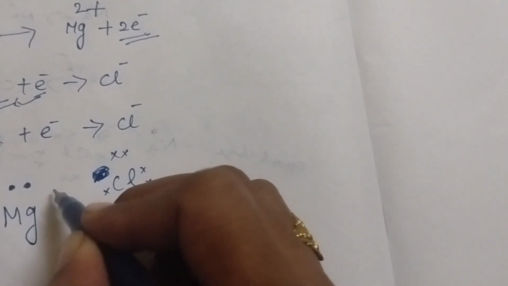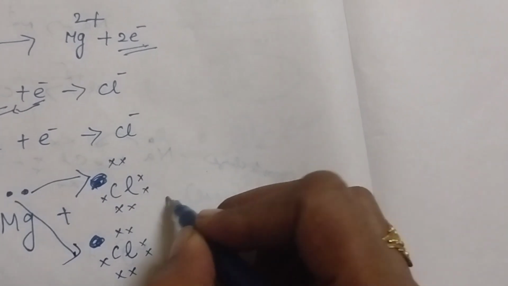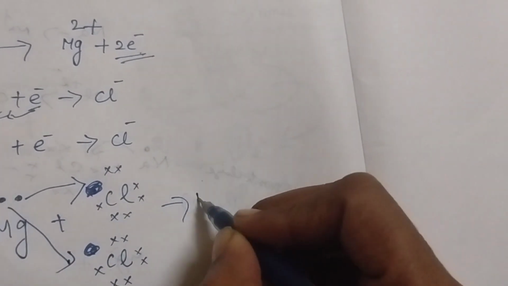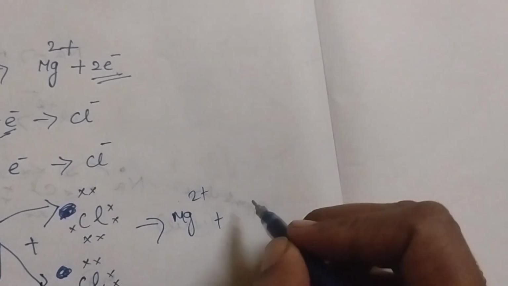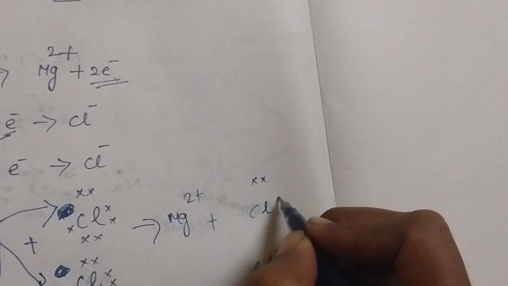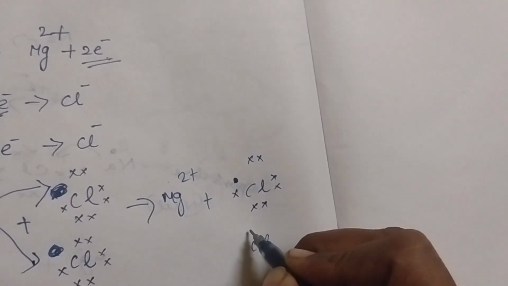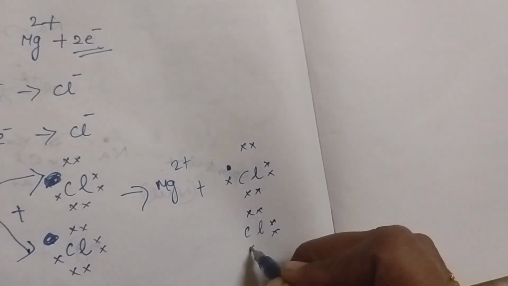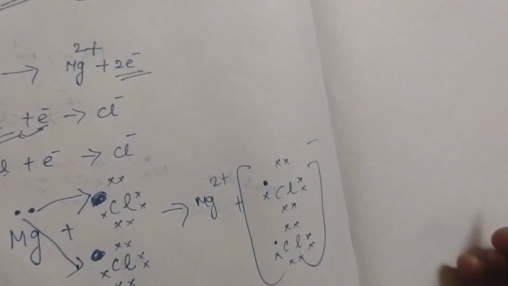Now this electron is going to come here and this electron is going to come here. It is removing 2 electrons, so Mg2 plus came here, and the 2 Cl are accepting here. Cl minus came here. Okay.